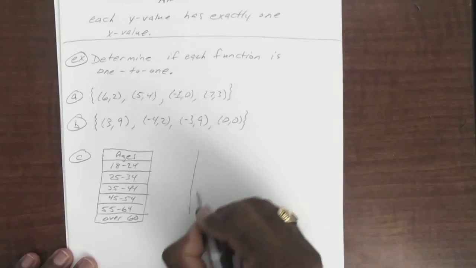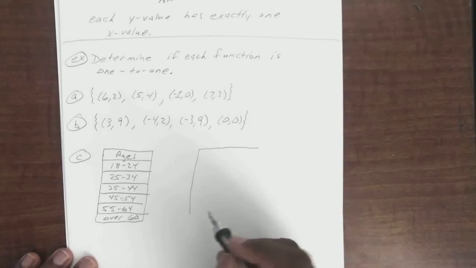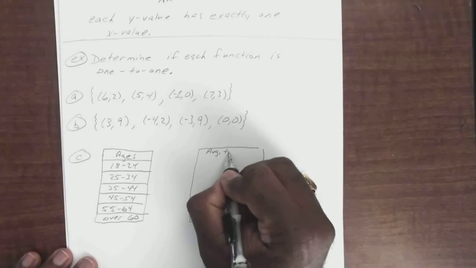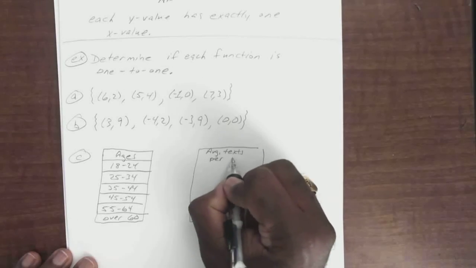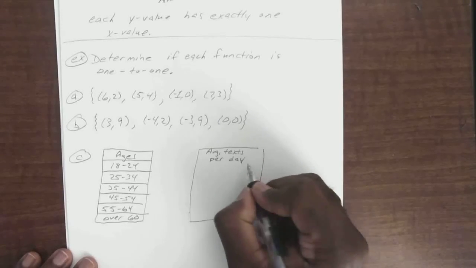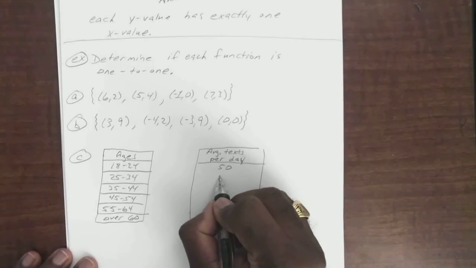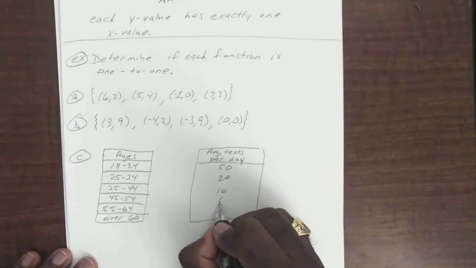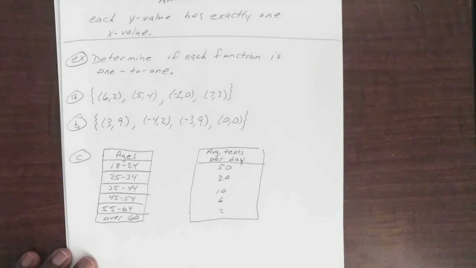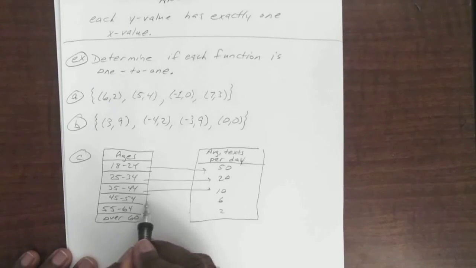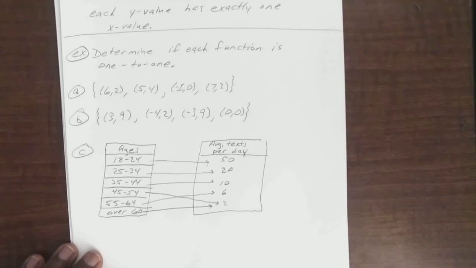And this graph represents average texts per day. Okay, so you have 50, 20, 10, 6, and 2.